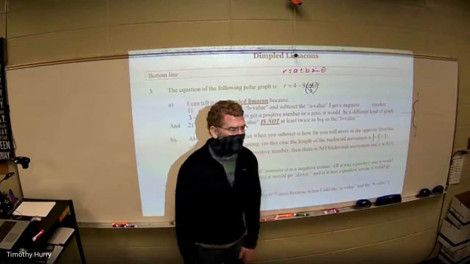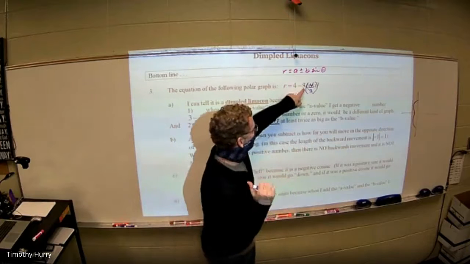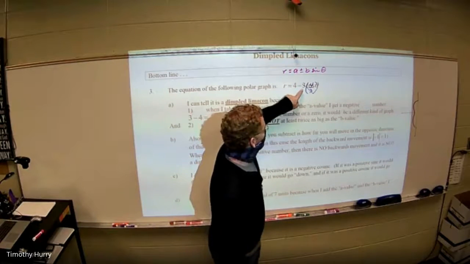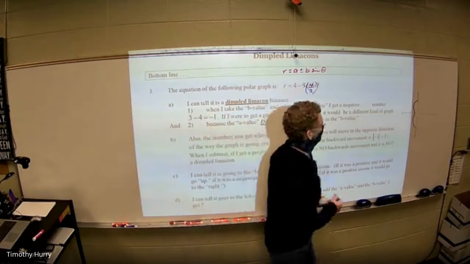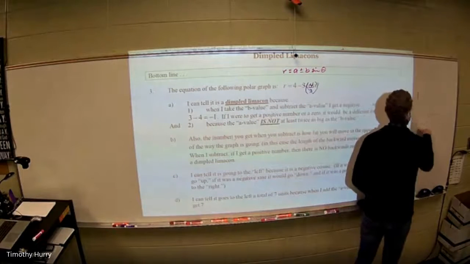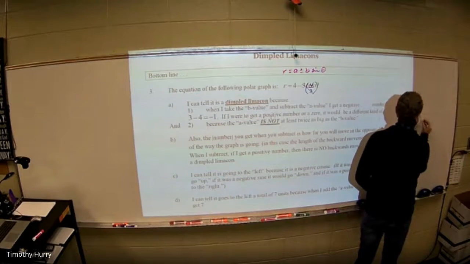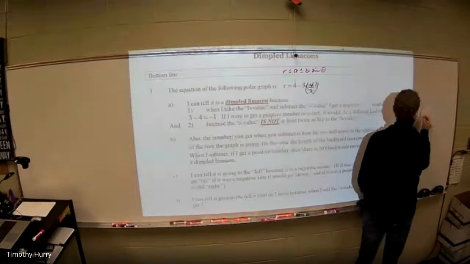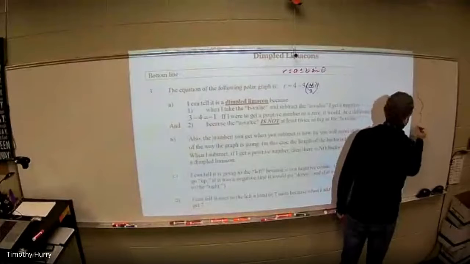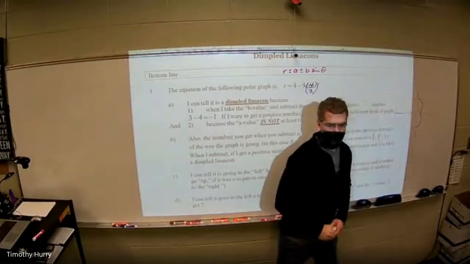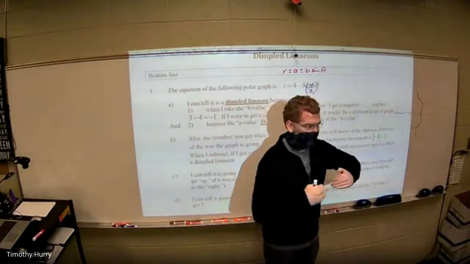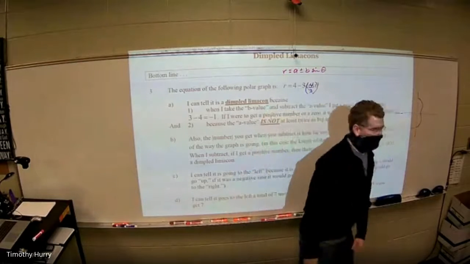But everything else is the same. Still going 7 left, up and down 4. The only difference is, sorry, I'm going left on this. So the dimple would be this way. All right, so I'm still going over there to 7. So it kind of looks like a cardioid. The only difference is it doesn't have a dip at the pole. It's got a dimple back there.